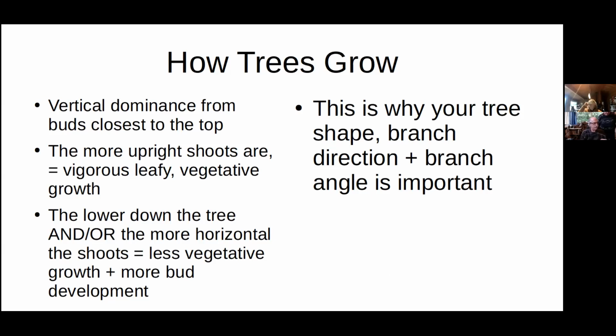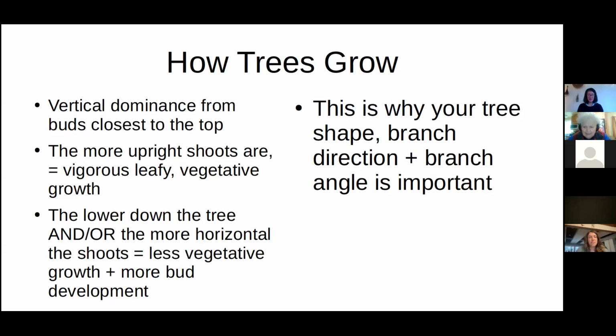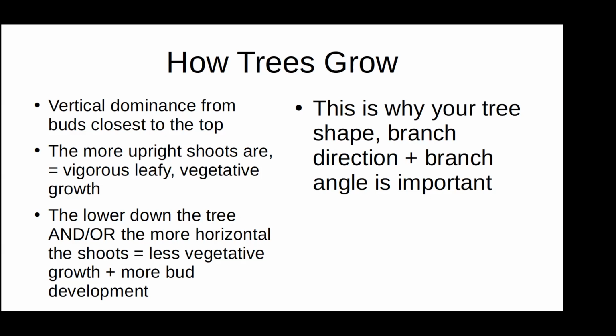So why is that important? Well, lower branches are going to be less vigorous and better for fruit. All the vertical branches are going to be competing with the cytokinins to be the highest, and so those are going to exhibit a lot of green vegetative growth and not a lot of fruit set. So if you have an unpruned fruit tree, that might be kind of hard to manage.